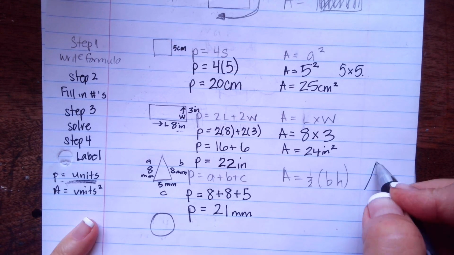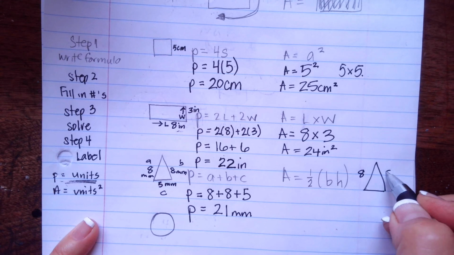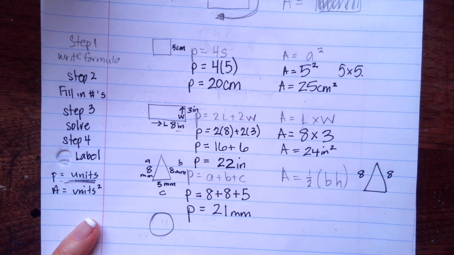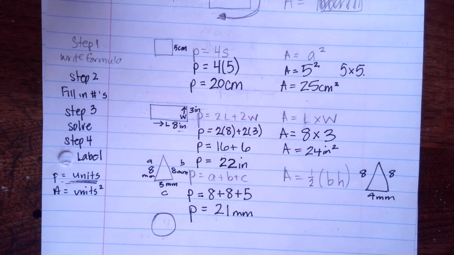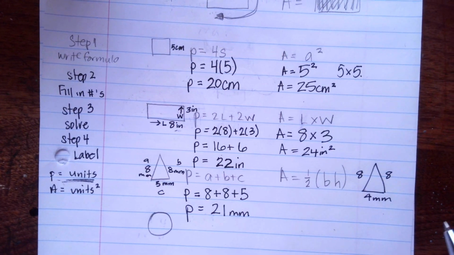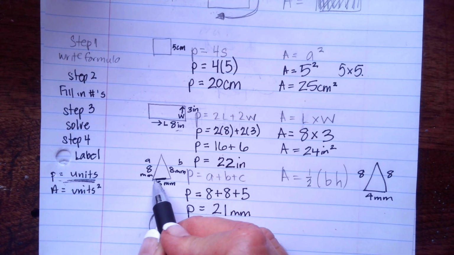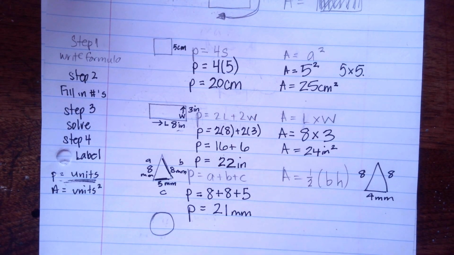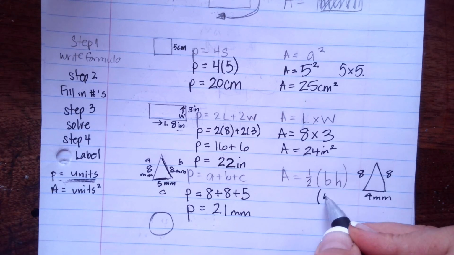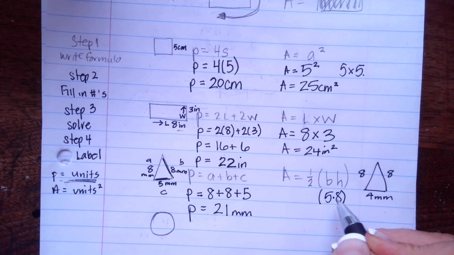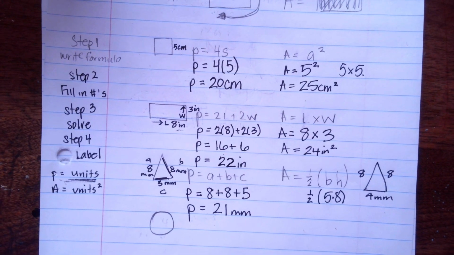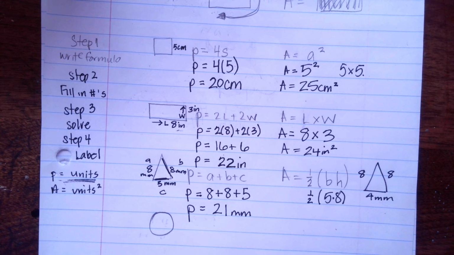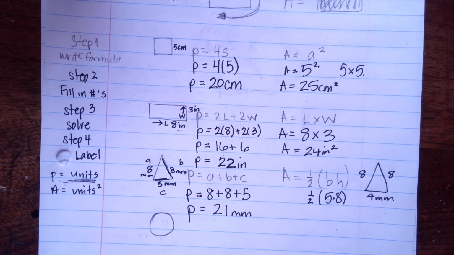Let's do a different triangle: 8 millimeters, 8 millimeters, and 4 millimeters. So we're going to do 1/2 base times height. So my base is this right here, and my height is this right here. So we're going to do 5 times 8. What's 1/2 of 5 times 8? So 5 times 8 is 40, right?